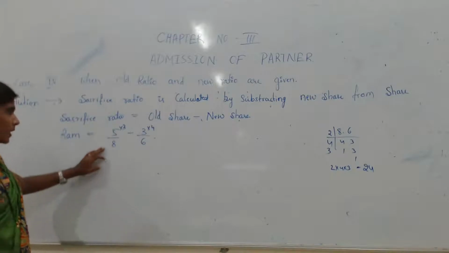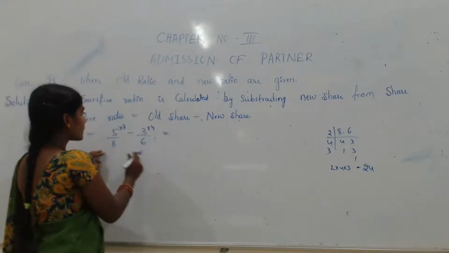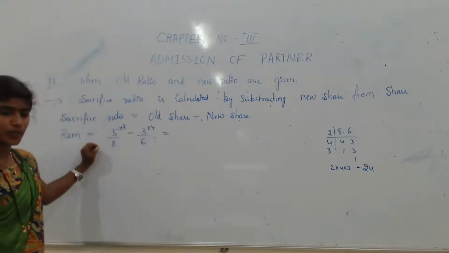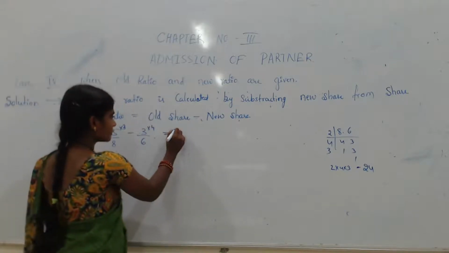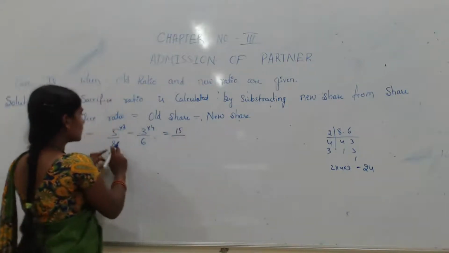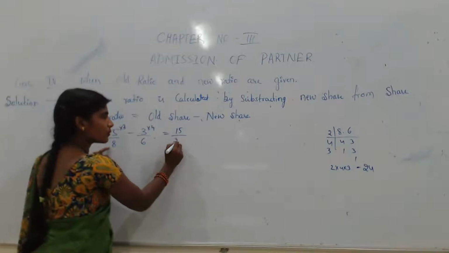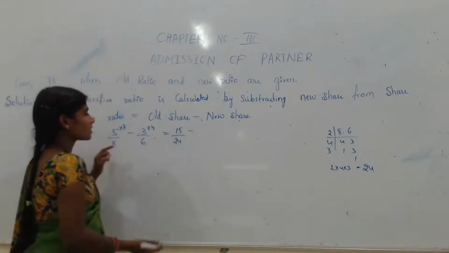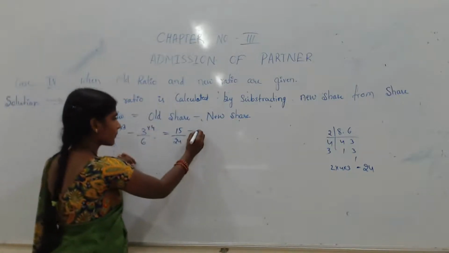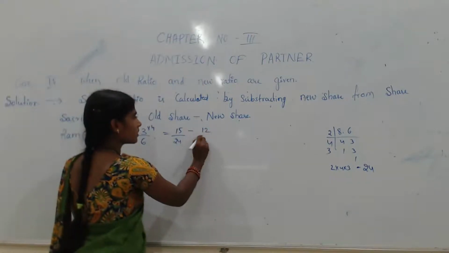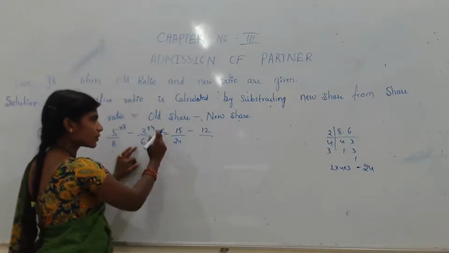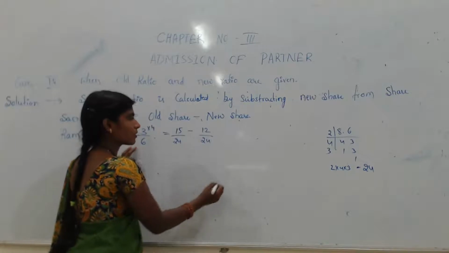Now 5 threes are 15 by 8 threes are 24, minus 3 fours are 12 by 6 fours are 24.